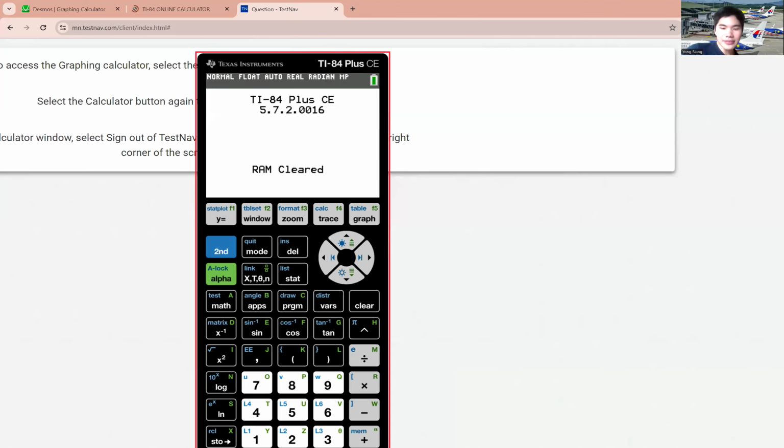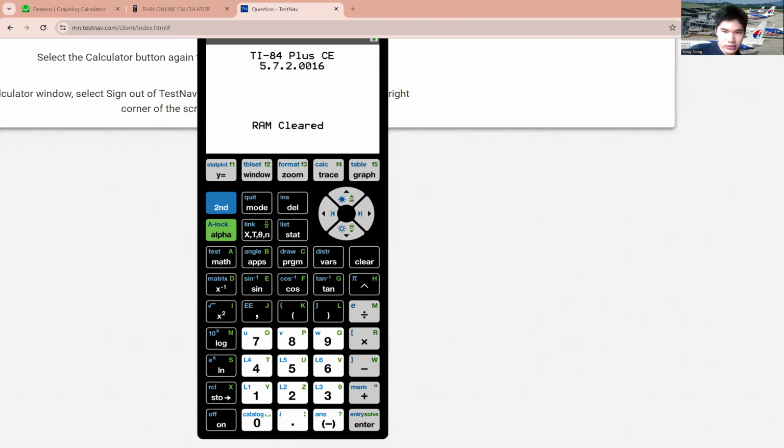Okay, so ladies and gentlemen, I'm on my GC. What I'm going to do is key in the expression for the discriminant. So it's going to be 4x cubed plus 8x squared plus 17x plus 16.